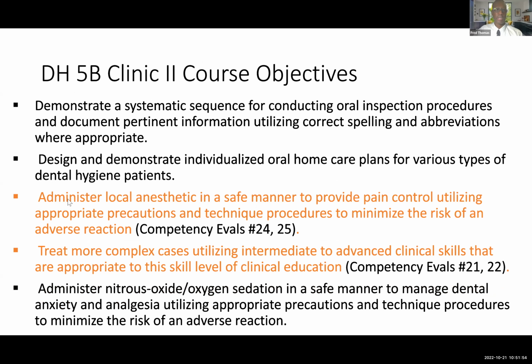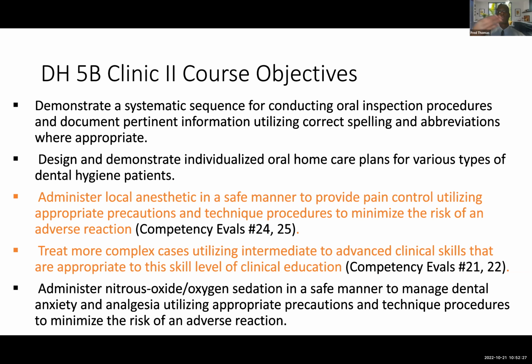For instance, this one for DH5B course objectives: administer local anesthetic in a safe manner to provide pain control utilizing appropriate precautions and technique procedures. This ties right into the competency evaluations that the student must complete during clinical patient care, which are 24 and 25.